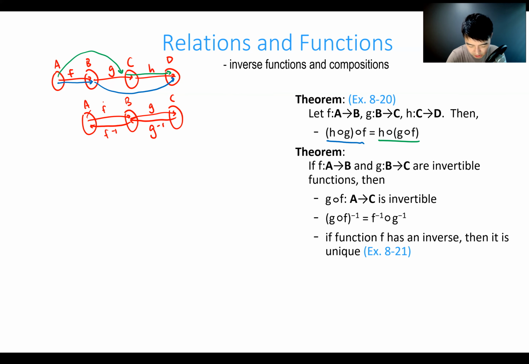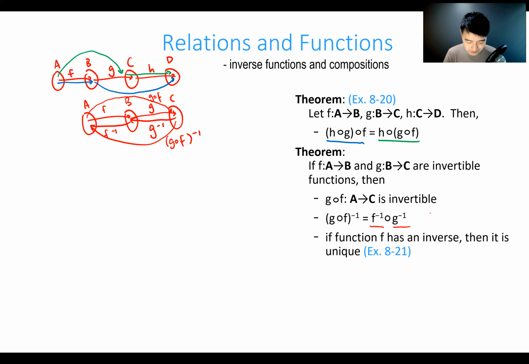This is G composed with F. If I wanted the inverse of G composed with F, it is the same as taking the individual inverses. I hope you can see this in this diagram.